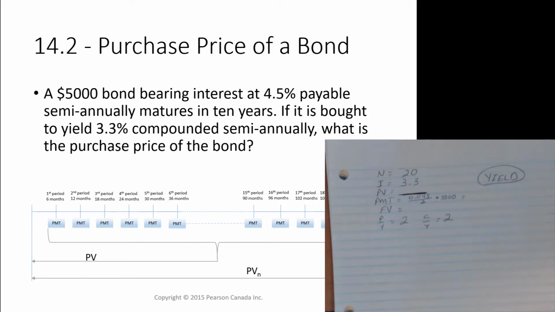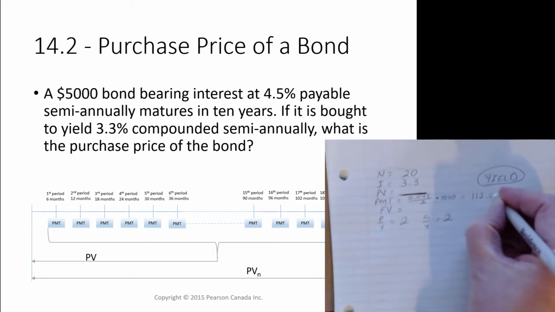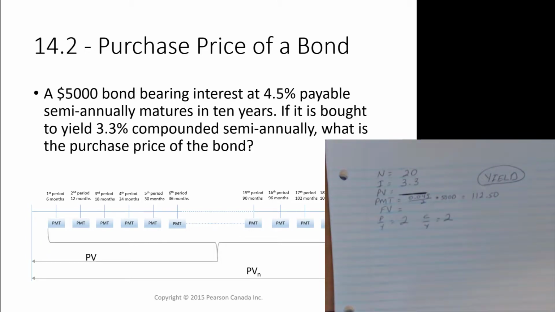If you're using a TI-83 or 84, you could do that calculation in the payment slot. If you're using the BA2 Plus, you can't do it that way, and you just have to figure it out separately. I'll figure it out separately, and it's $112.50. Every 6 months, we get $112.50.